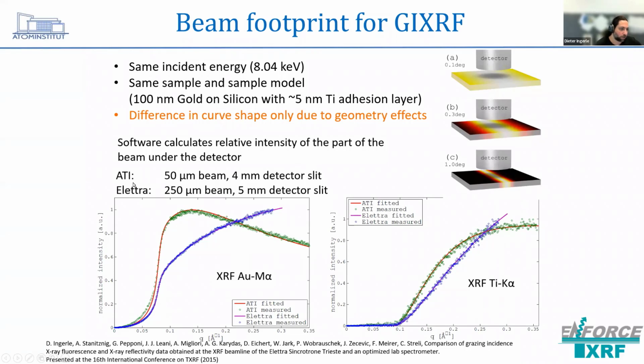Because here we compared a measurement we did at the Atom Institute with our instrument, which had just some slits to reduce the beam profile down to 50 micrometers, also to limit the divergence, of course, but also to have a quite well-defined beam. Whereas at the latter, they have a larger beam.